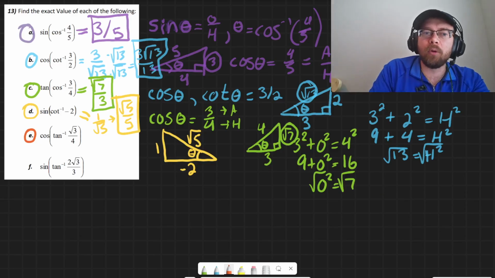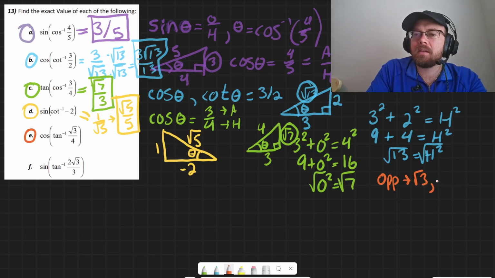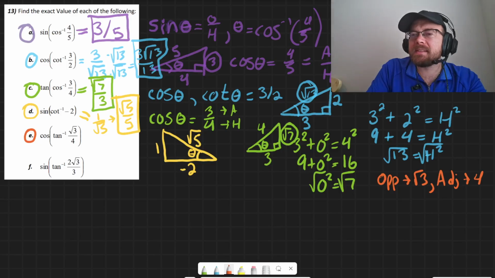We are looking for the tangent inverse of the square root of 3 over 4. So that's going to be tangent. That's going to be the opposite. So the opposite is the square root of 3. And the adjacent is 4. We're in quadrant 1 again, so that's nice. Square root of 3 is about 1.7.